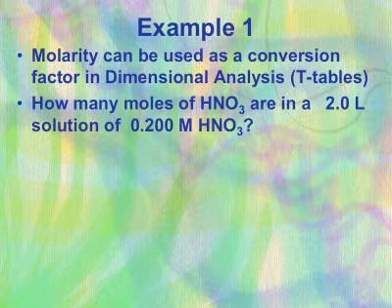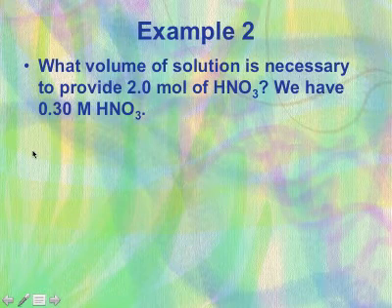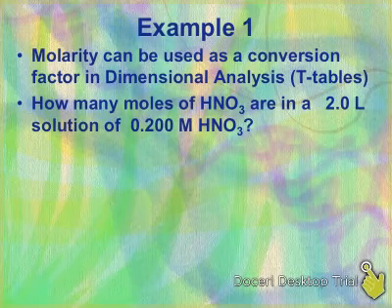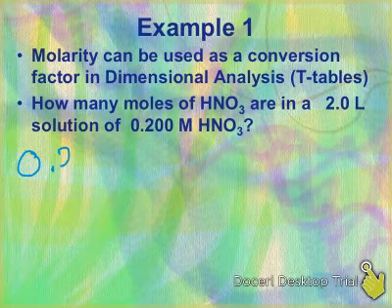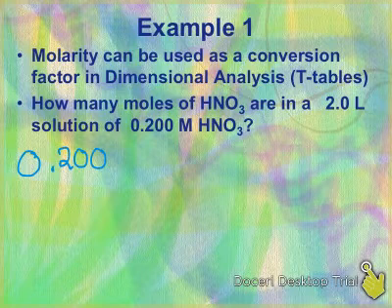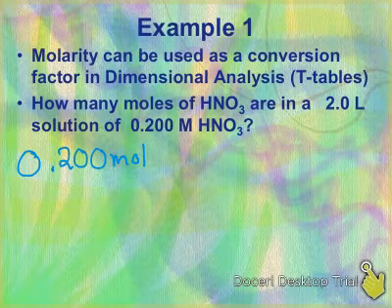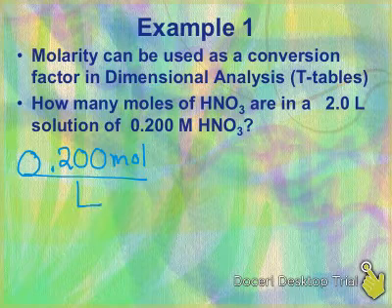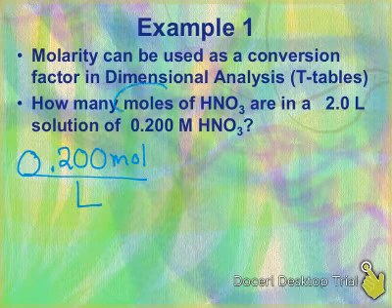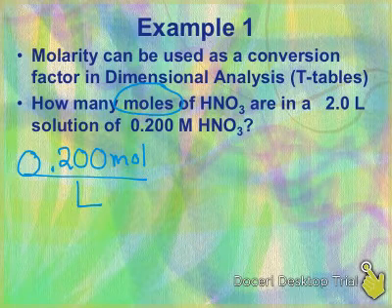So right off the bat, I'm going to start with my molarity. I have a 0.200, and we know that molarity is what? Moles over liters, right? And I write it like that so I can do stoichiometry so I get my units to balance. We need to go to just moles, so I need to get my liters to cancel out.